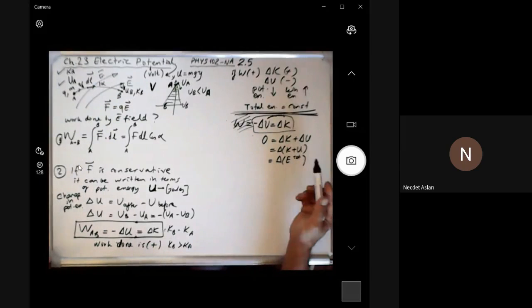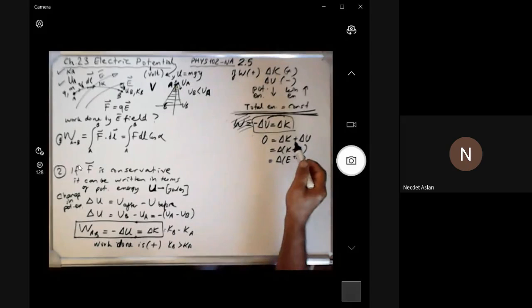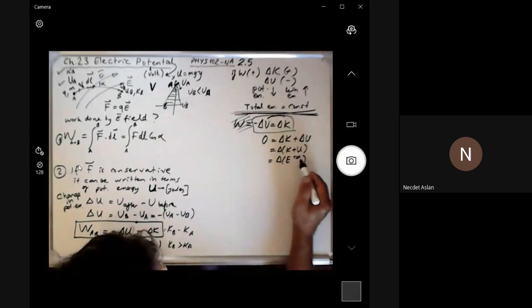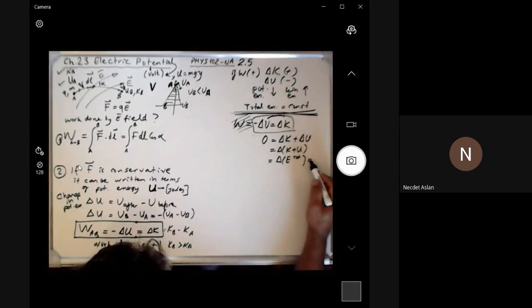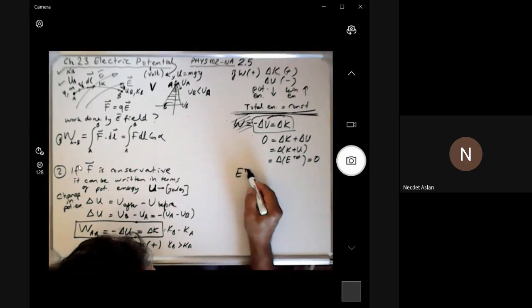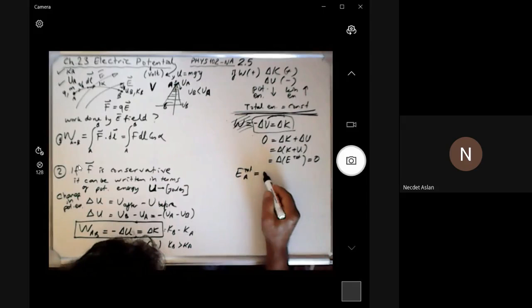But in our case, it's just mechanical energy, which consists of kinetic and potential energies only. So if delta E total is 0, then it means that E total at point A is equal to E total at point B.